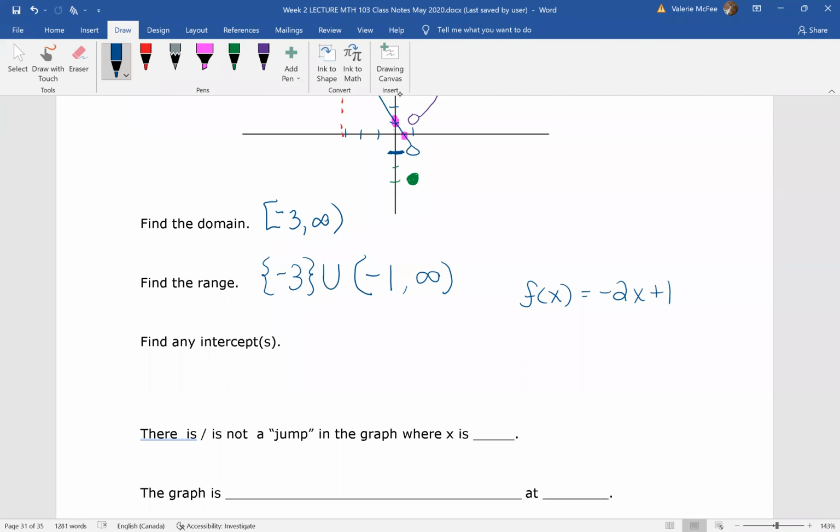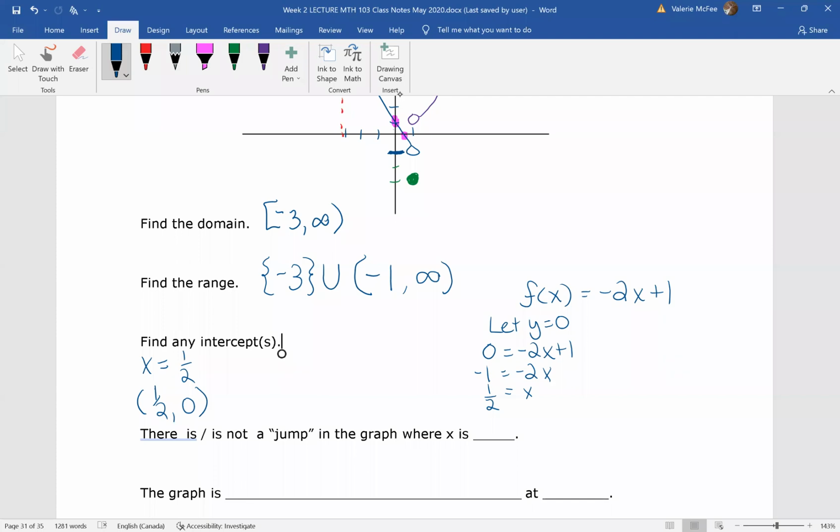To find the x-intercept, we have to let y equal 0. So we have 0 equals -2x plus 1. I see I have an intercept at x equals 1/2. And that does really look like a half there. So an x-intercept at x equals 1/2, or if it asks for an ordered pair, 1/2, 0.